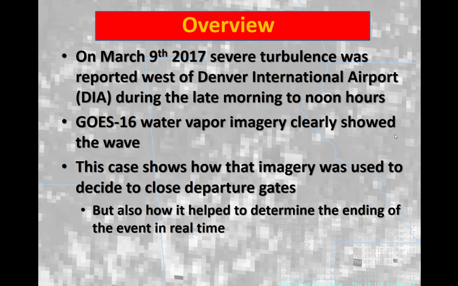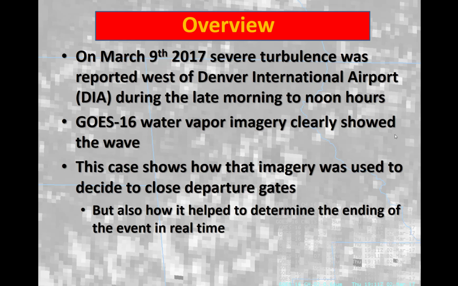Quick overview: this event took place on March 9th in the morning, roughly about 15:45 Z, and it ended about 18 Z. On the morning of March 9th, 2017, severe turbulence was reported west of DIA during the late morning hours to noon. It was northwest as well, so west around to northwest. That is important when it comes to the progression here. And again, GOES 16 water vapor imagery clearly showed the wave, which is really interesting to see.